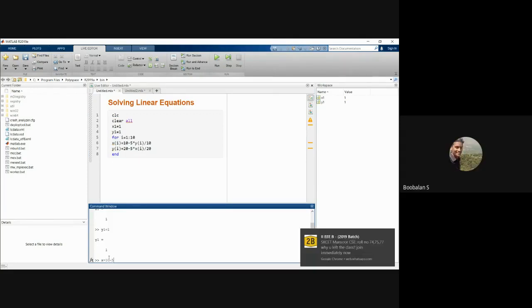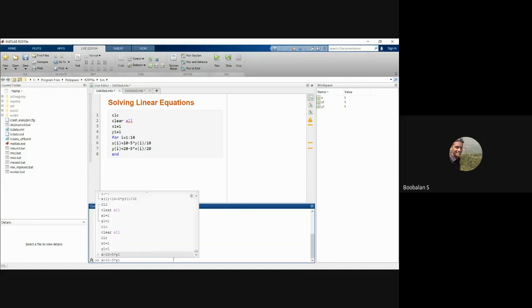That y1 is like star into y1. Now it's working, right? Why did the previous one not work? We'll see. Whole divided by 10. Now it's working. The answer is coming absolutely; the previous one didn't. We'll see. Y equal to the equation 20 minus 5x1.